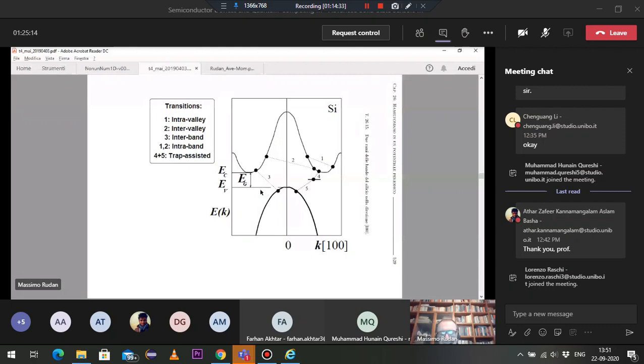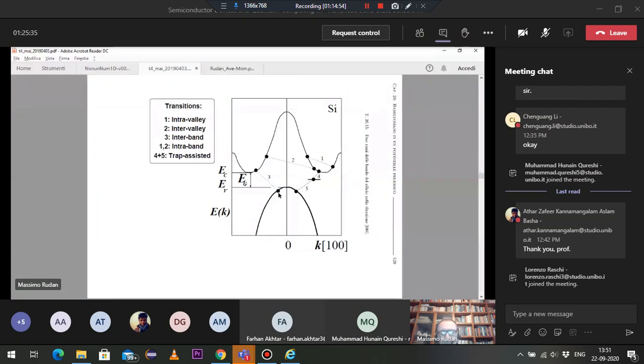More precisely, a transition of type 3 is called a direct transition, because it goes from one band to the other without any intermediate step.